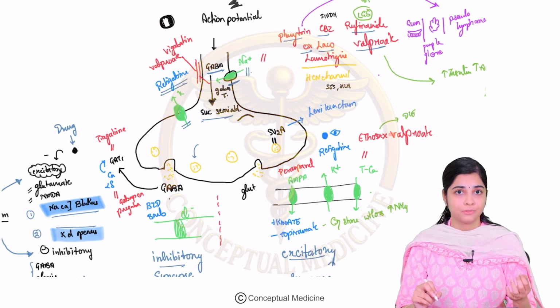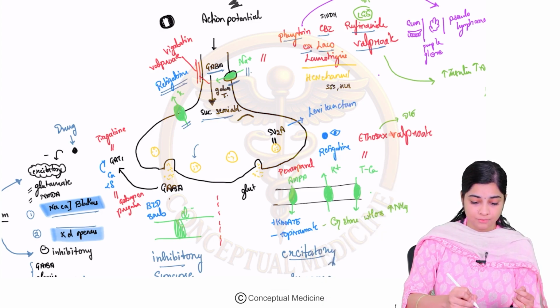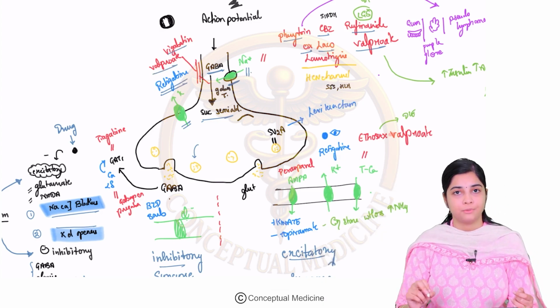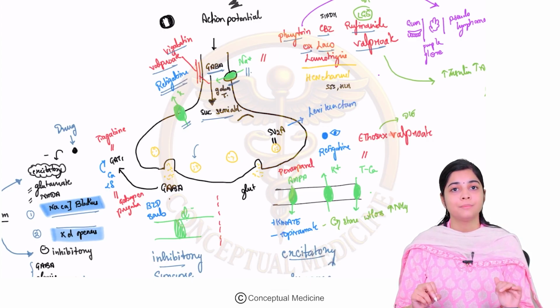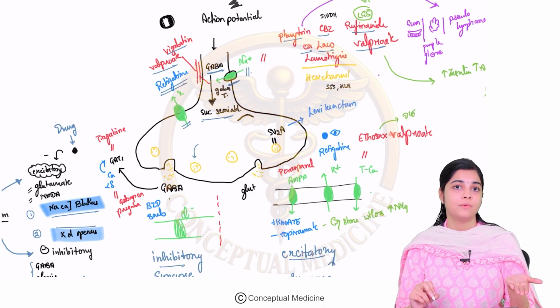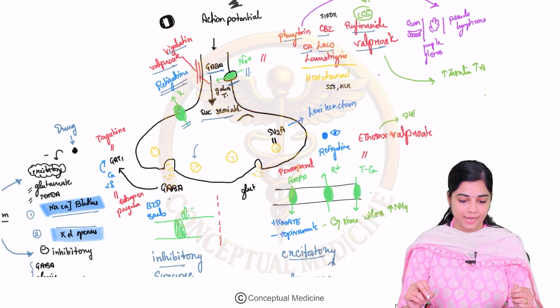GABA is gamma aminobutyric acid. Okay, so this is an inhibitory neurotransmitter. You don't want it to be metabolized. So this GABA metabolism is inhibited by two drugs, which is your vigabatrin and valproate. So GABA is broken down to succinate semialdehyde and that has to be inhibited. We have to increase the levels of your inhibitory neurotransmitter, which is GABA. So that is brought about by vigabatrin and valproate.